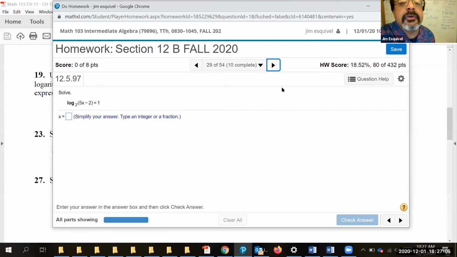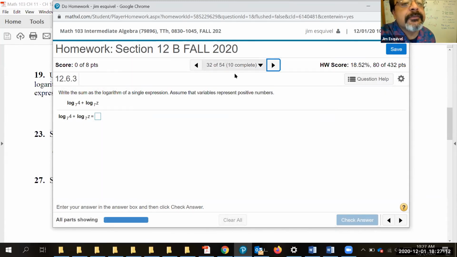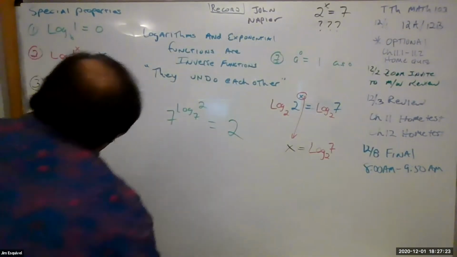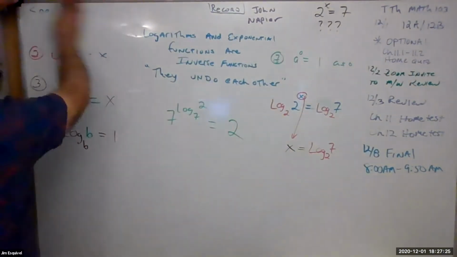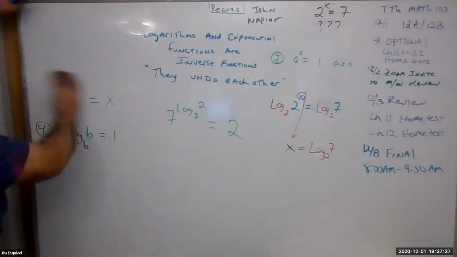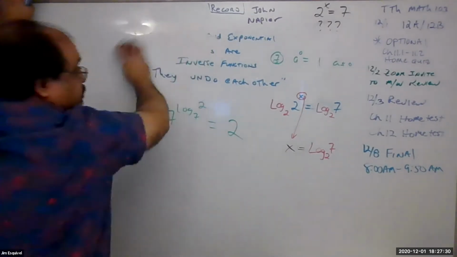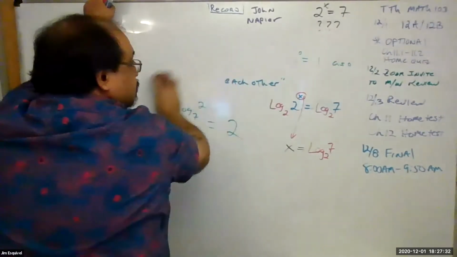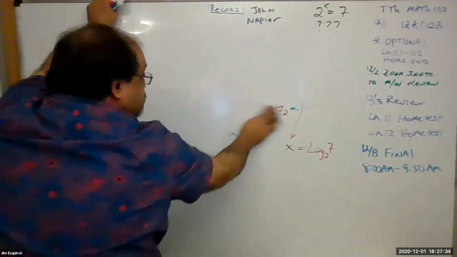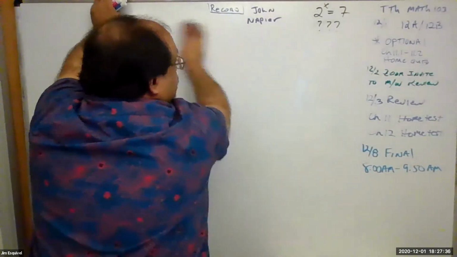Okay, these properties. So the last little bit: the reason why John Napier came up with logarithms is to actually make calculations simpler.